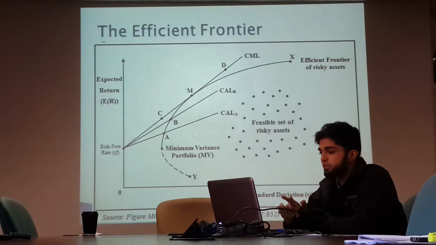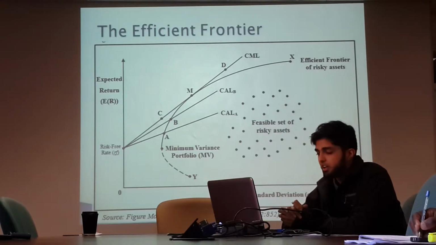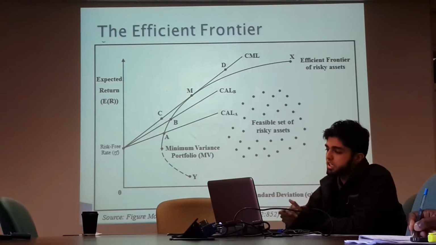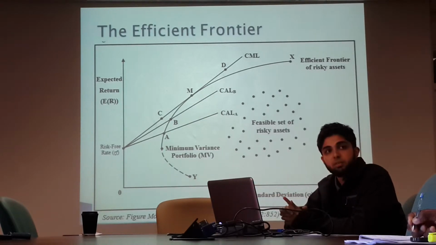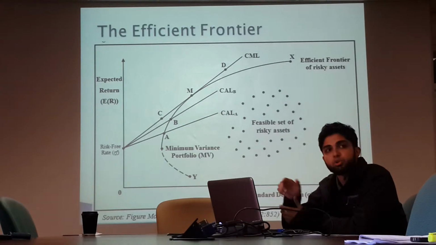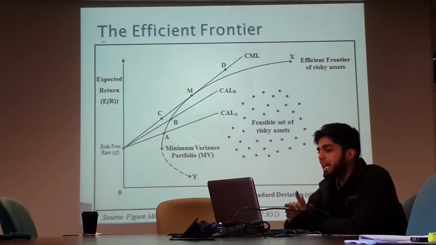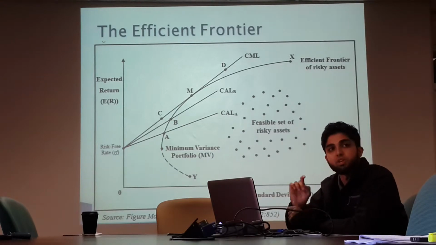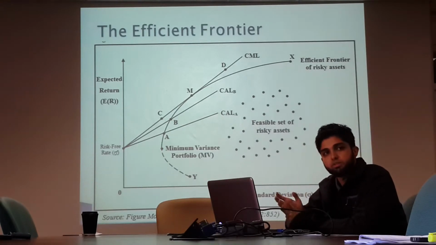In this case, you can see from the risk-free asset to portfolio A, we've got capital allocation line A. Similarly, you can invest in a higher capital allocation line, such as capital allocation line B, which is between the risk-free asset and portfolio B. Now, any higher capital allocation line is preferred because it provides a higher level of return for a given level of risk.